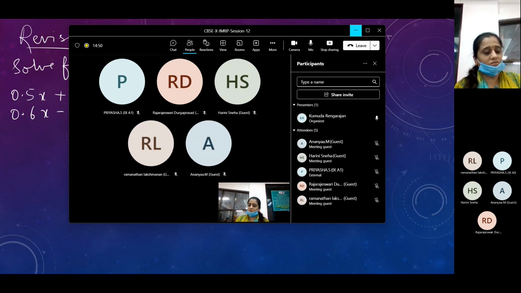Six is equal to 3 plus 3, which is equal to 3 into 1 plus 4.